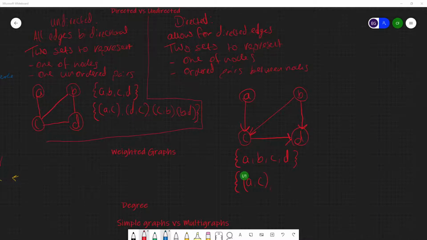So A to C, C to D, B to D, and B to C. Okay? If I put a little bit of notation here, we have V and E, where V is the node coming from, and E is the node going to.